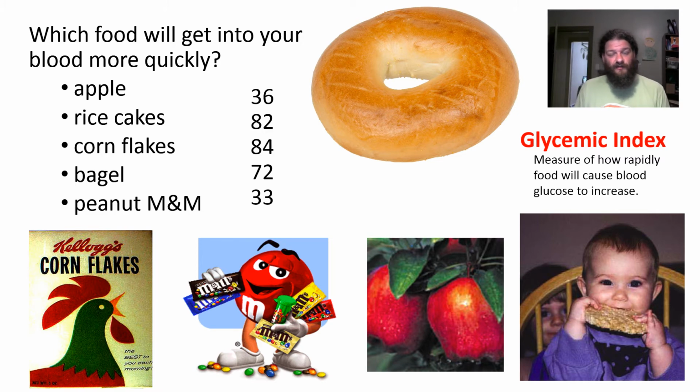Once we get into complex carbohydrates like bagels, which are actually soaked in malt before if they're done right, they have quite a bit of sugar in them and quite a bit of carbohydrate. That's all they are. But really, the bad guys are the rice cakes and the corn flakes. What do you think about it? That's breakfast cereal. It's supposed to pick you up and give you the energy that you need to go through the morning.